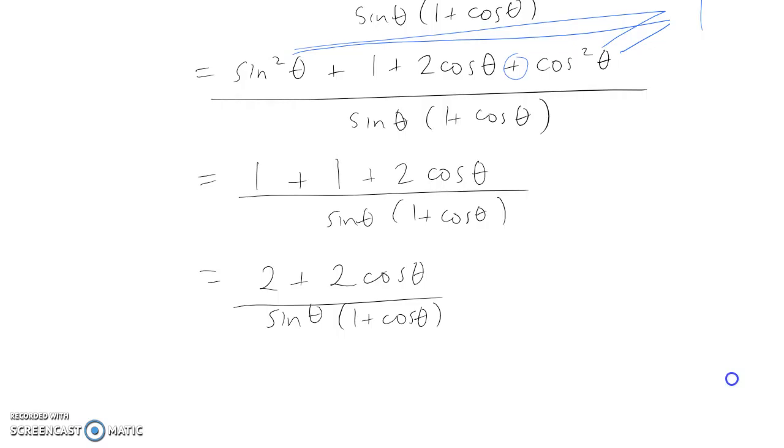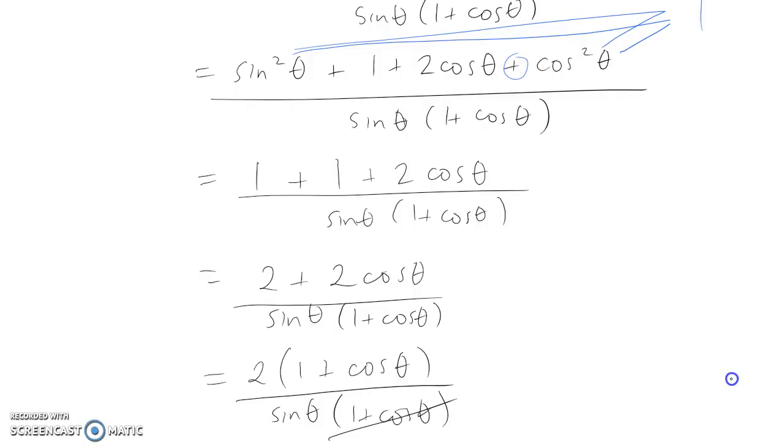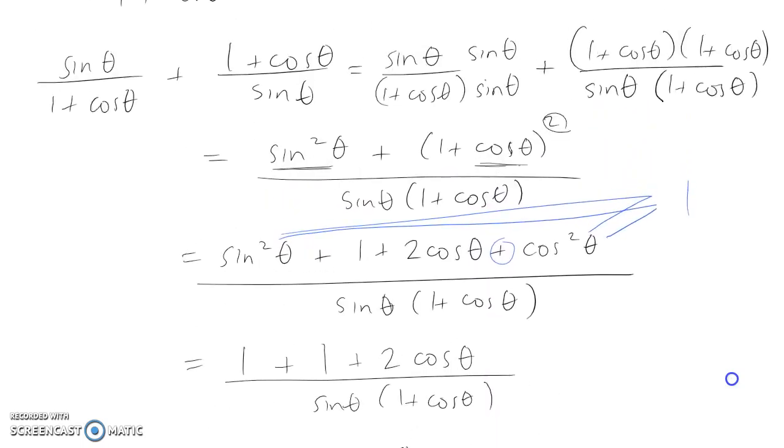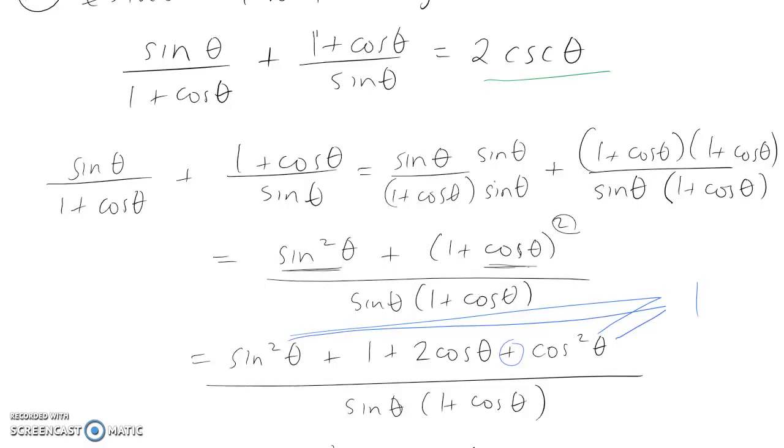Okay, let's see. In the numerator, I can factor out a 2. I end up with 1 plus cosine theta, and I say, oh yay, it worked. There's a 1 plus cosine theta in the denominator and a 1 plus cosine theta in the numerator. Those are going to cancel. That's 2 over sine theta. Now remember what I'm headed toward? 2 cosecant theta.